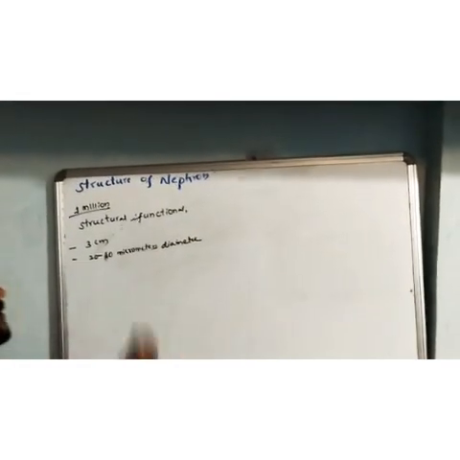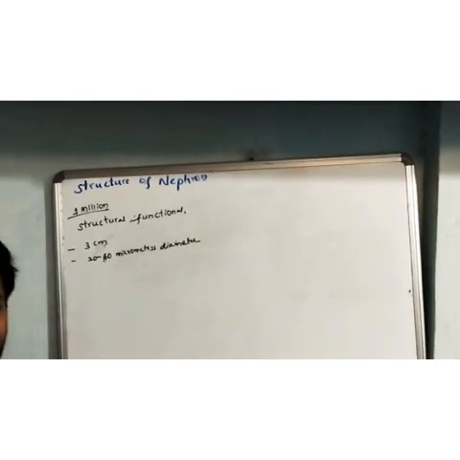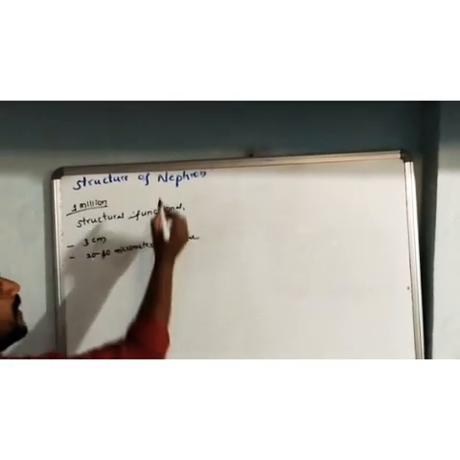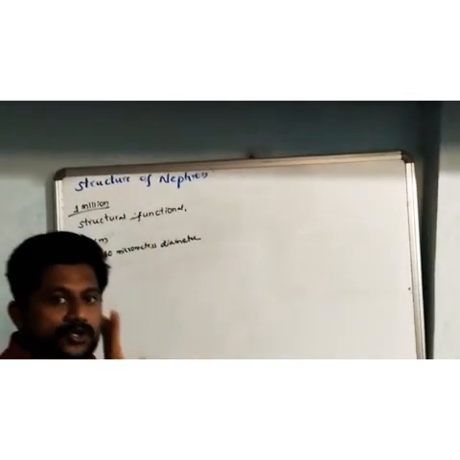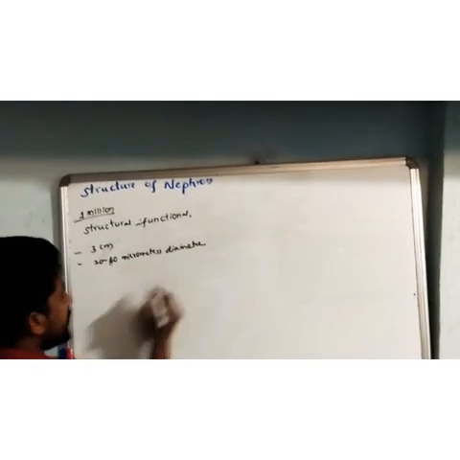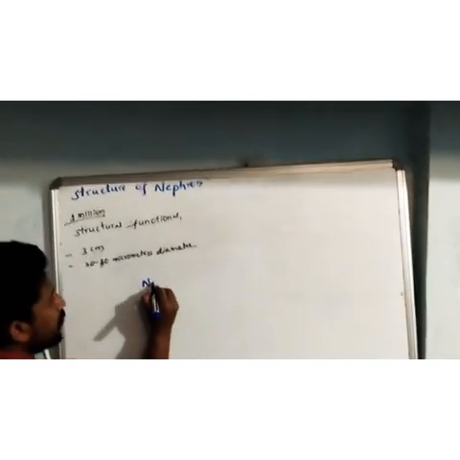If we observe the structure of nephron, it consists of two portions. See here, in the flow chart of the nephron, let me draw here.